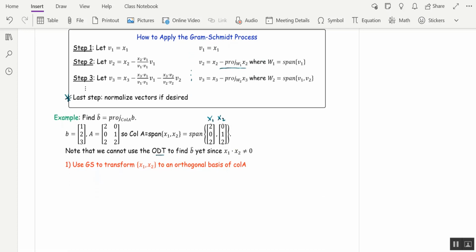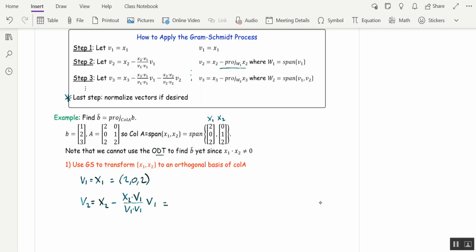So let's start out. We're going to let V1 equal X1, and that's 2, 0, 2. I'm changing over to linear format. All right, and then V2 is X2 minus X2 dot V1 over V1 dot V1 V1.